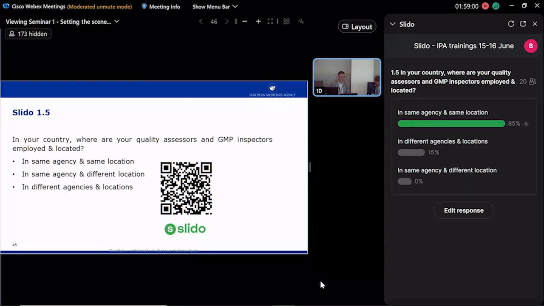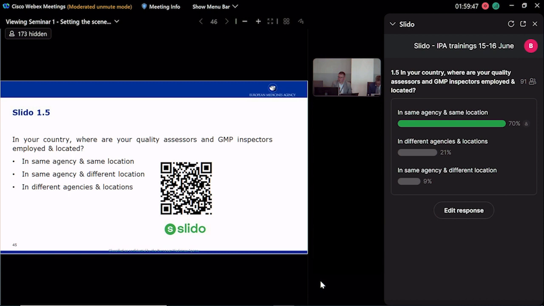Or are your assessors and inspectors in different agencies and different locations? So once again, the Slido code is on the slide, and if you're on the WebEx, you can log in and answer the Slido question directly.